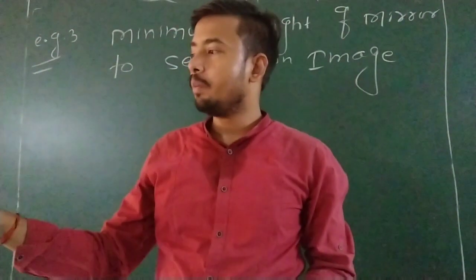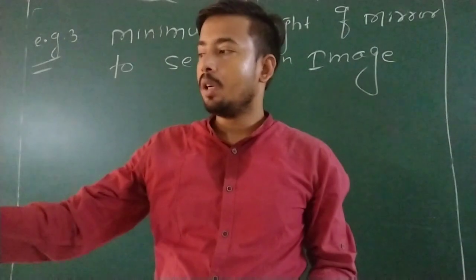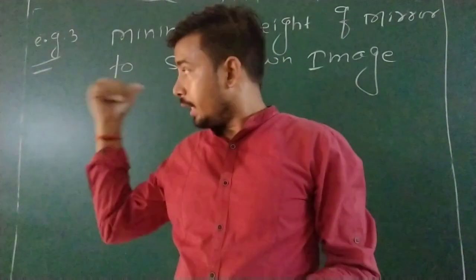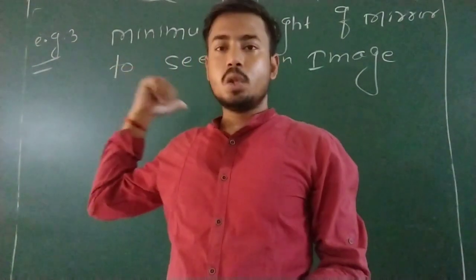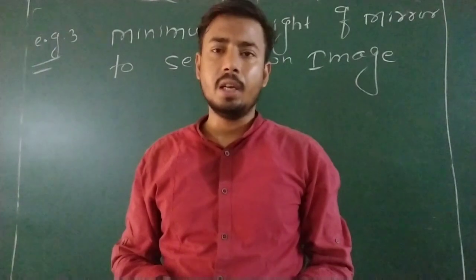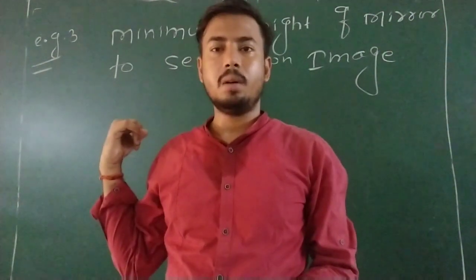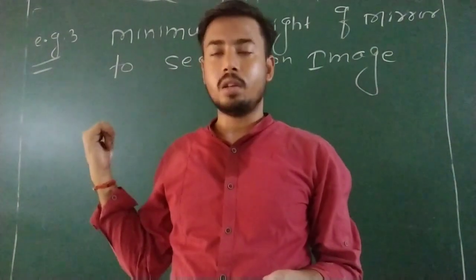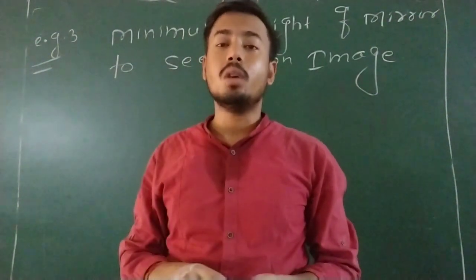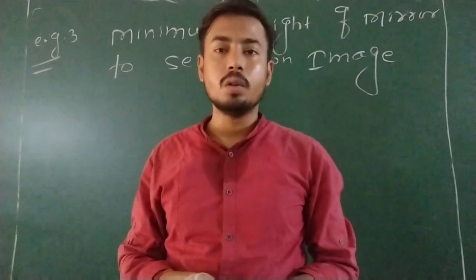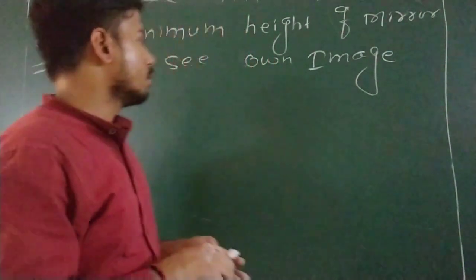We are able to see this computer because light of this computer after reflection reaches our eye. In my neighbor room, I'm not able to see anything. Even Aishwarya is sitting there, but I am not able to see because light from her body is not reaching me.